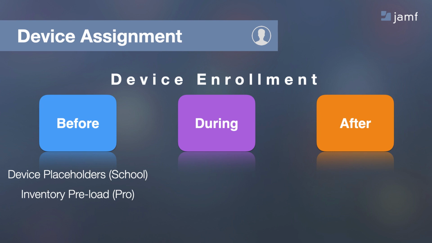And when that device enrolls, it will apply those attributes to the device record in your respective Jamf setup. We also have an option during, as I mentioned earlier, and you can introduce an extra screen in the enrollment process that prompts for authentication. Once the user has authenticated with their username and password, they are then associated to that device in Jamf.